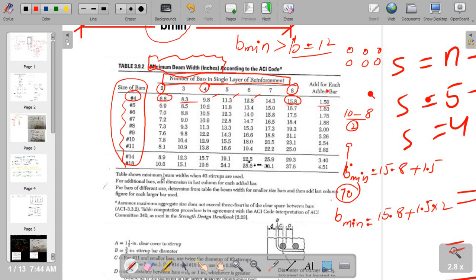Here you can see the table shows the minimum beam width when number 3 stirrups are used. For additional bars, add the dimension in the last column. For bars of different size, determine from the table the beam width for the smaller size bars and then add the last column figure for each larger bar.